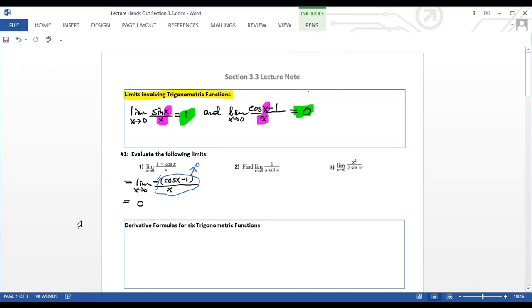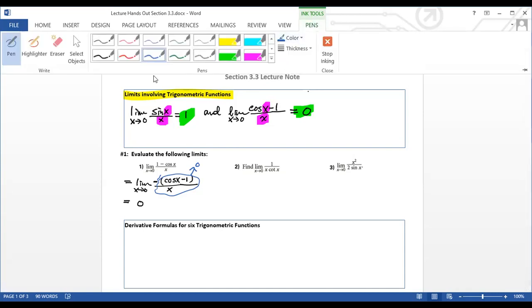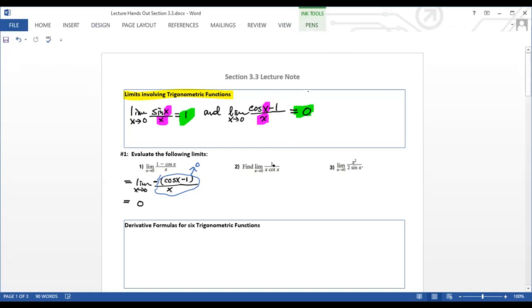Now let's take a look at the second one. This is the limit as x approaches 0 of x times cotangent x. We know cotangent 0 is infinity, so 0 times infinity, I don't know what that is. So let's see how we solve this one. This is the limit as x approaches 0 of x times cotangent x.